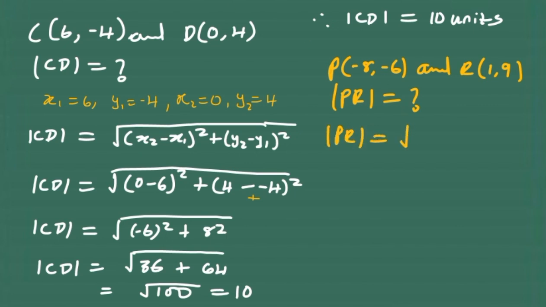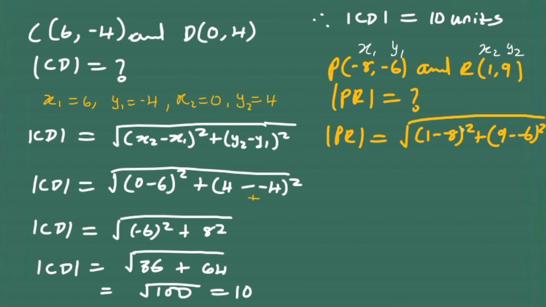First of all, let's identify the points. Here is x1 and this is y1. Remember, the first point given is always x1 and y1, and for the second point we find our x2 and y2. Now from here, x2 is 1, and this will be 1 minus -8, which is x1, all squared, plus y2, which is 9, minus -6, all squared.